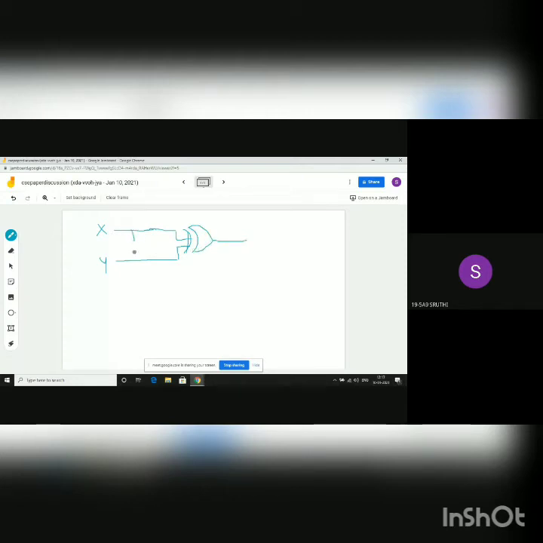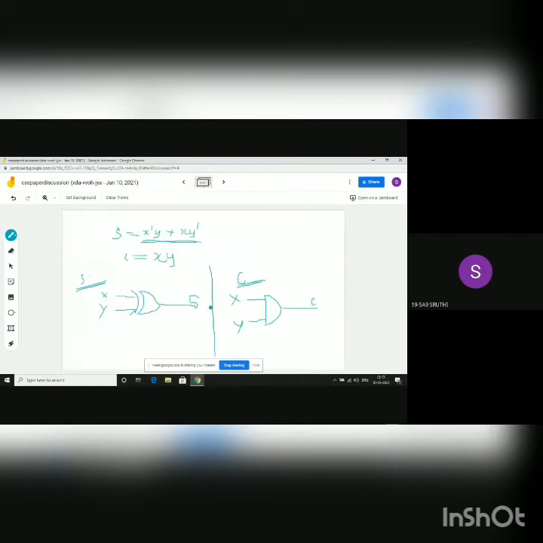And now x and y, x dot y can be represented here for the carry in this way. So this is the sum and this is the carry. We have two inputs and two outputs, sum and carry. So this is the required logic circuit. The logic circuit for half adder can be represented either this way or this way.